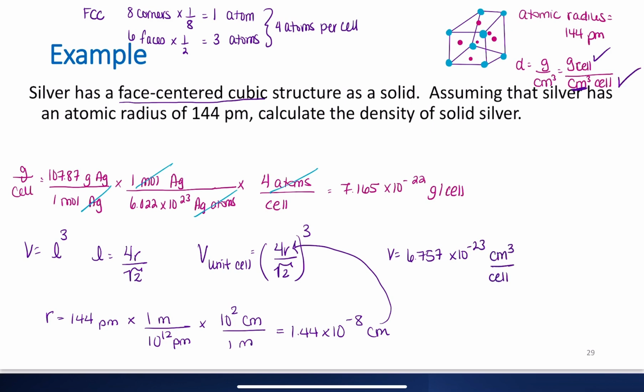Now I've got my bottom half. Now I can go ahead and just calculate my density: 7.165 times 10 to the minus 22nd grams per cell, divided by 6.757 times 10 to the minus 23rd centimeters cubed per cell. And of course I ran out of space writing down here.